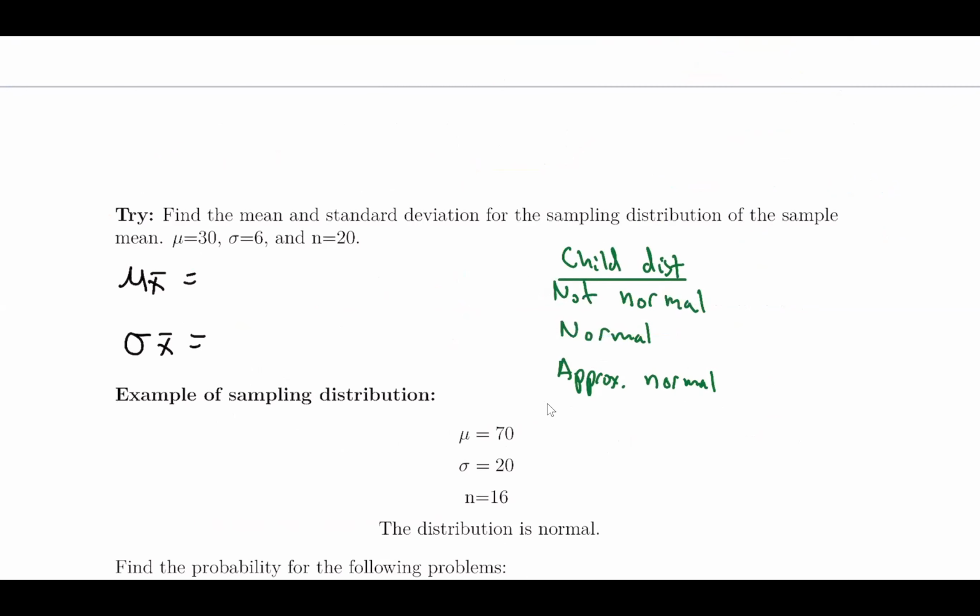All right, so do that one for me. And if you finish it and want me to double check the answer, put it on the chat, or if you want, put it in the private chat. And to make it easier for you, say this is A, this is B, and this is C, so that way you don't have to write out mu of x bar and stuff like that.